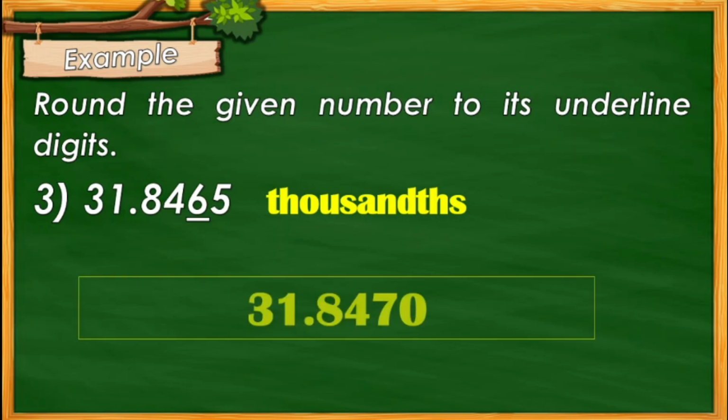Now, the final answer is 31 and 8,470. Why is that 70? Because it is round up. We're going to add 1 to 6. It becomes 7 and 5 becomes 0.